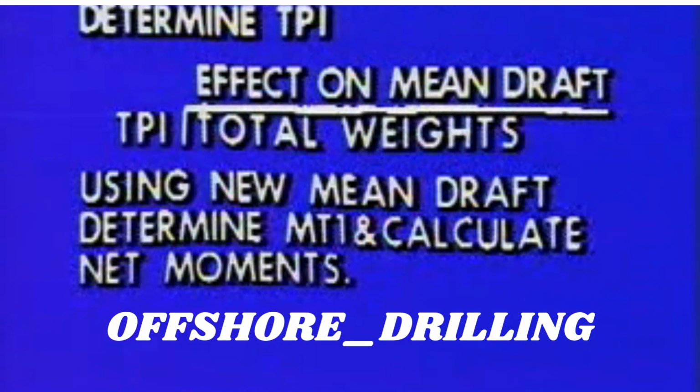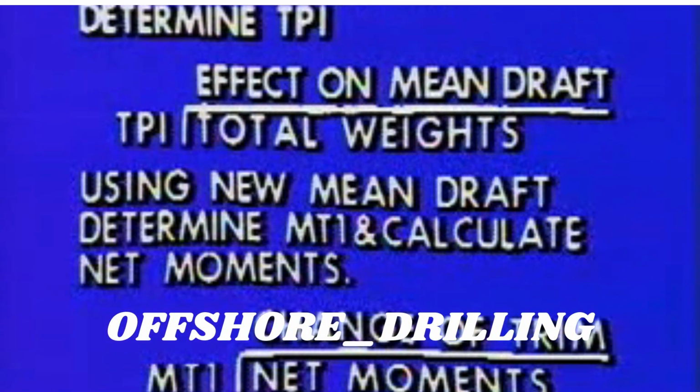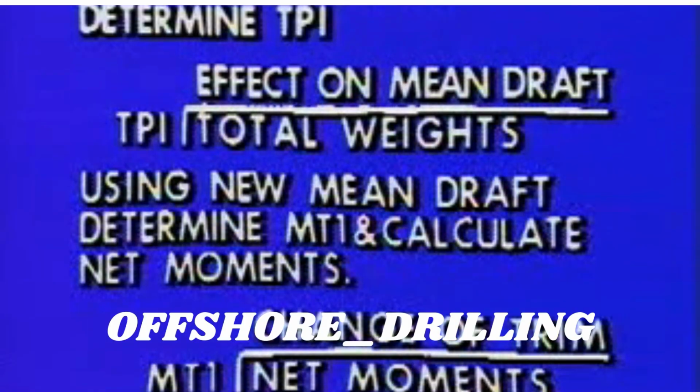Next, using the new mean draft, enter the hydrostatic curves or deadweight scale to get the MT1. Then calculate the net moments for the increased or decreased load and divide by the MT1 to get the change of trim. The change of trim is then applied 1/2 at the bow and 1/2 at the stern to determine the final forward draft and the final after draft.